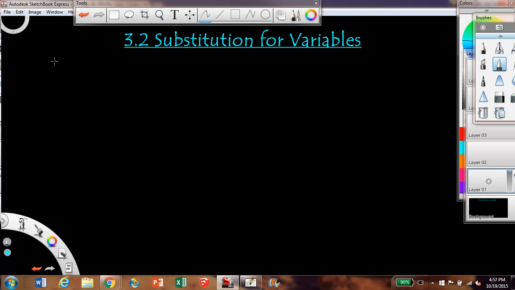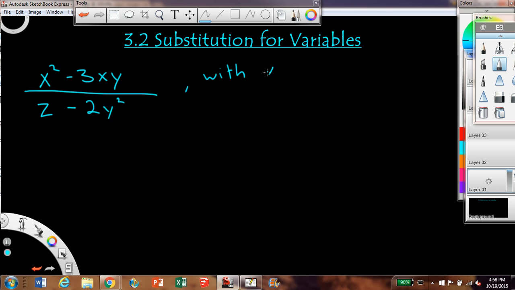This is about as difficult as you'll run into in your homework. x squared minus 3xy over z minus 2y squared, with x equal to -2, y equal to 3, and z equal to 8.